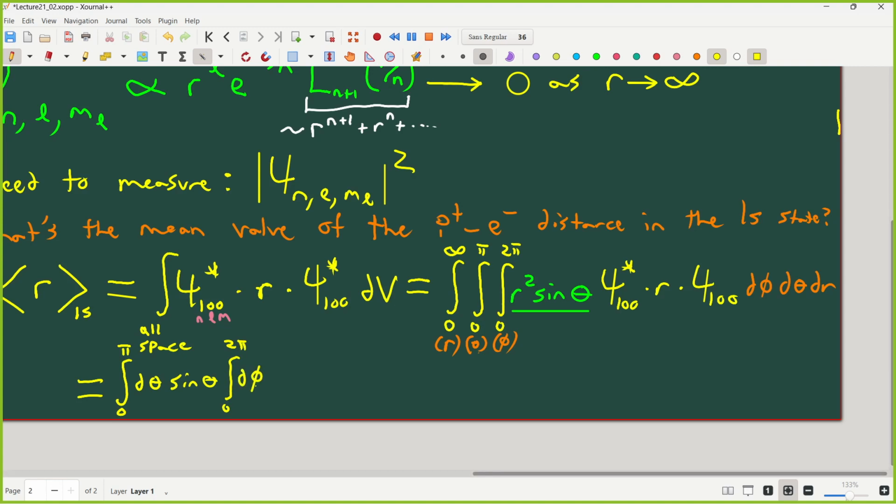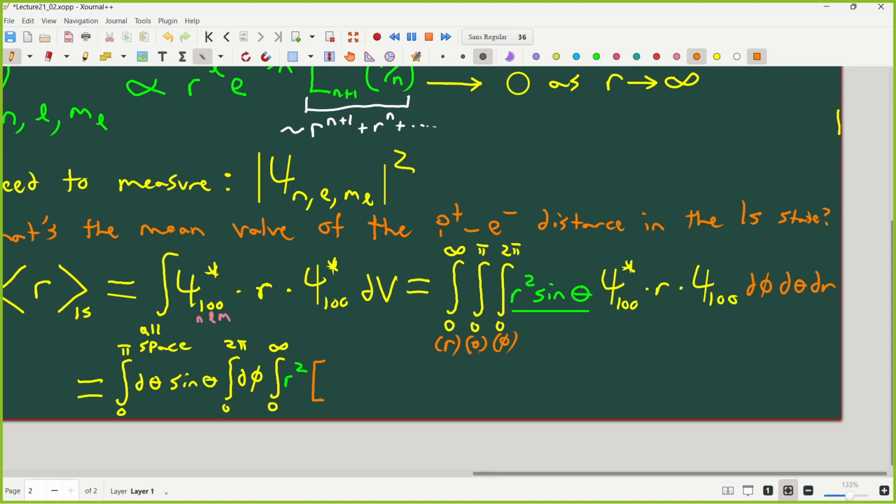There's no phi dependence in the 1s orbital, so there's nothing to integrate for phi. It's just an integral of the volume element. And then we have our kind of complicated r integral, which has a factor of r squared from our volume element. And now I'm going to go ahead and plug in the wave functions here.